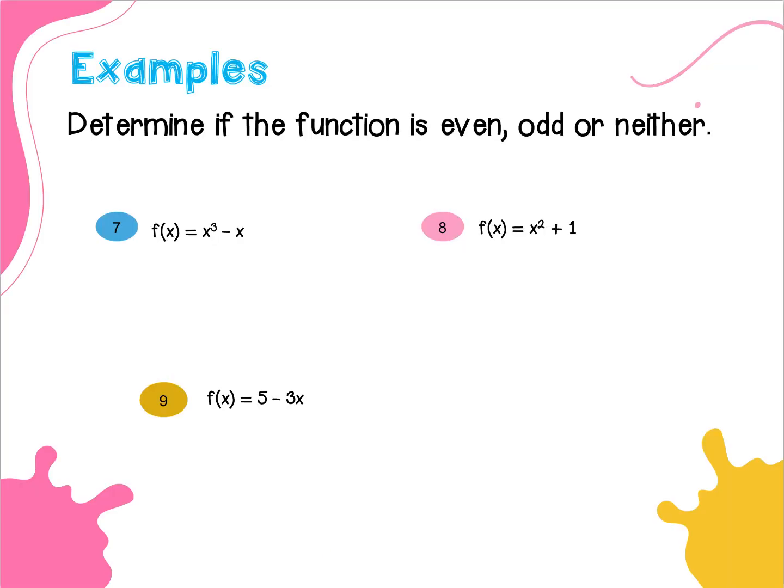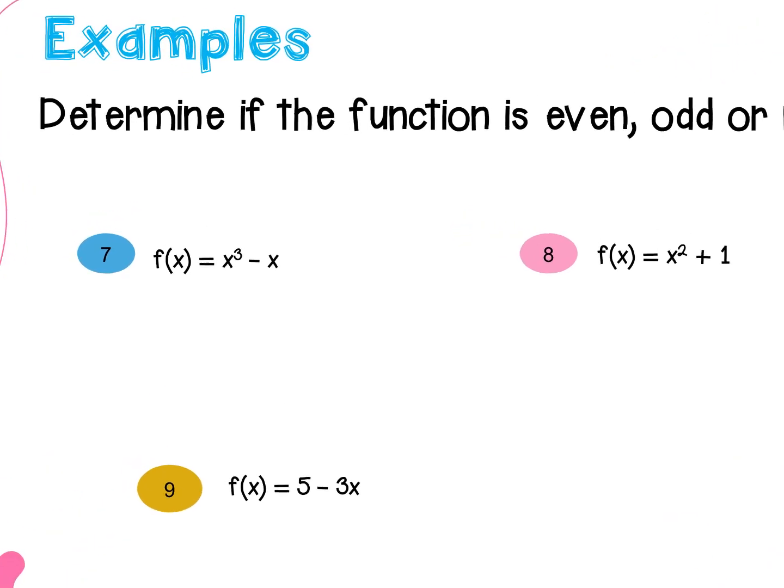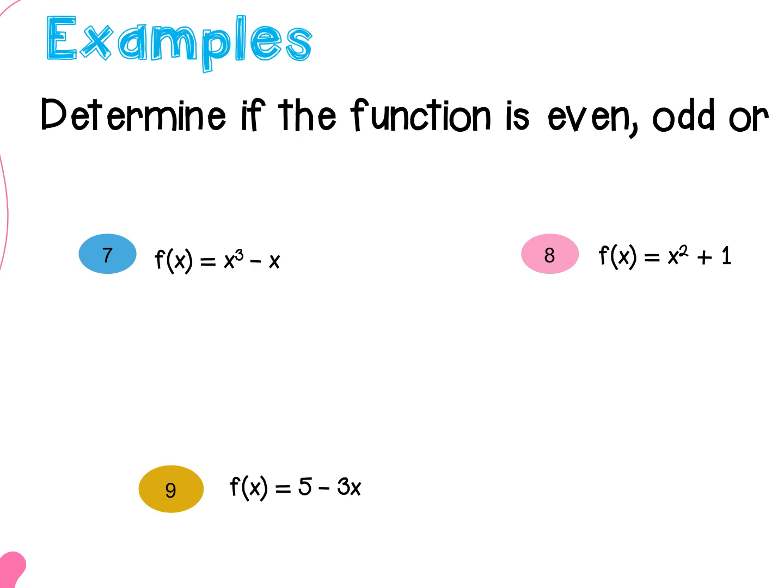So if I come over to here, it says determine if the function is even, odd, or neither, and we'll talk about what we do. Remember that if we want to know if it's even, what we're going to do is replace x with negative x. So we come over to here and we're like, okay, the opposite of x cubed minus the opposite of x, like that. We're replacing all the x's with negative x.